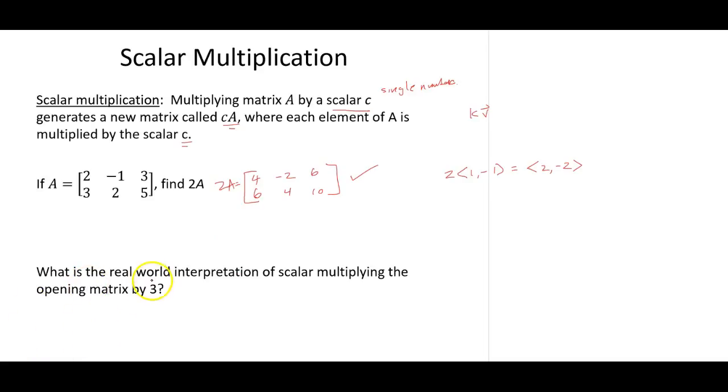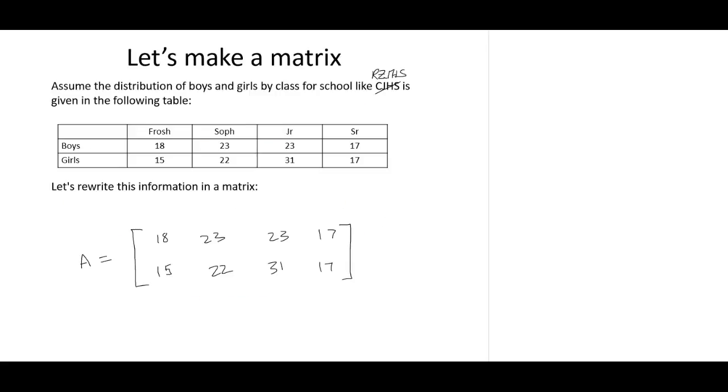And so maybe just see where you might use this. Let's do a real-world interpretation of scalar multiplying the opening matrix. If I go back to our very first slide here, what does it mean if I compute 3A? I'm not going to do the numbers, but what we're doing is taking each element and multiplying it by 3.